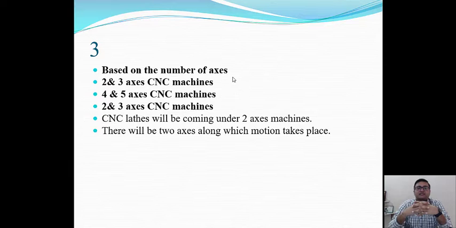Generally, CNC lathe machines come with X axis and Z axis. The X axis is defined by the diameter of the workpiece which is held, and the Z axis can be defined by the length of the workpiece which is inserted in the chuck.